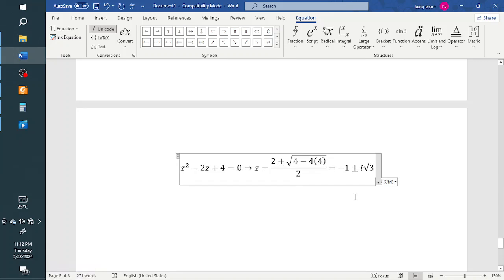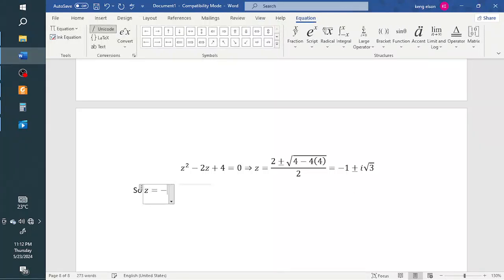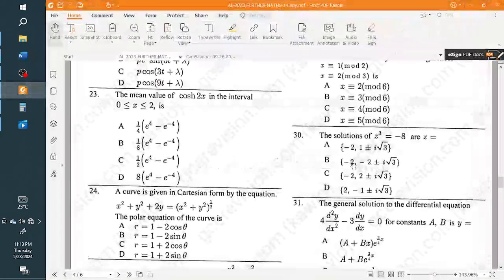So there are 3 roots: z equal to negative 2 and z equal to 1 plus or minus i root 3. So let's go and check the answers. Negative 2, 1 plus or minus i root 3. I want to make sure I've not made a mistake.